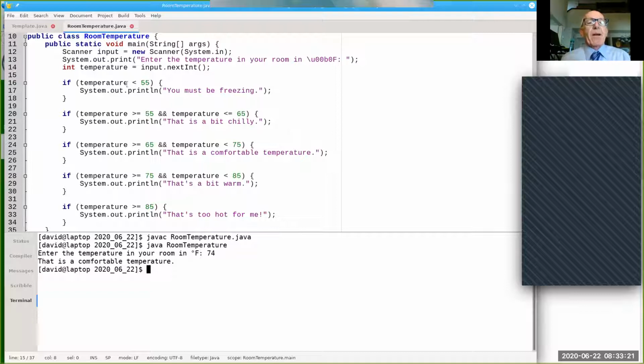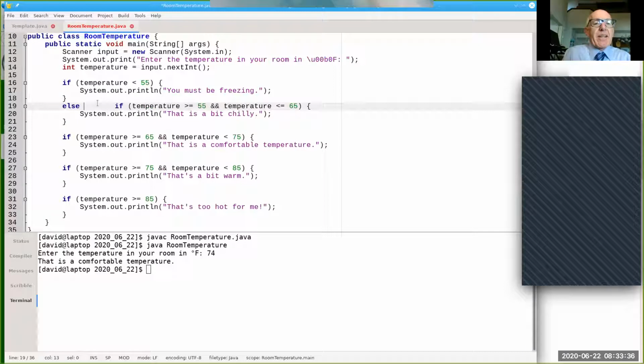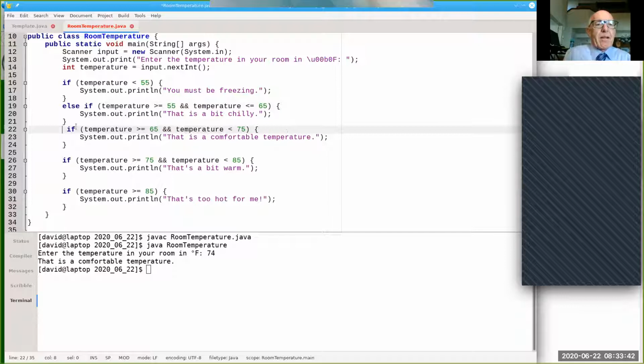Now, the problem here is that I'm doing a lot more testing than I need to do, because this is really a good place for an if-else chain. Let's make this an else-if chain. The problem with the one I had before is that it's always doing 5 tests.